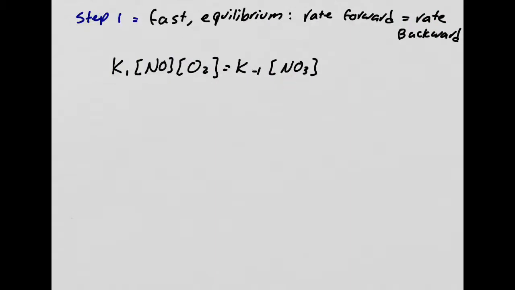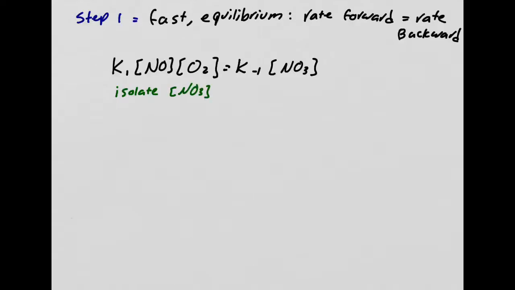Now, when we have an equilibrium, at equilibrium the rate forward equals the rate backward. So I set these two equal to each other. So far, so good? Okay. Now we're just going to do some, not really fancy, but cool algebra. We want to isolate NO3 so we can sub it later.